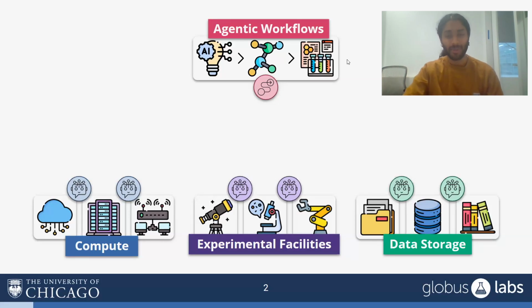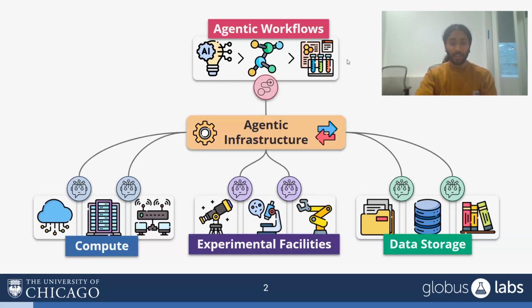So part of what I want to do is convince you guys that thinking about scientific workflows in this agentic manner is powerful. And then once we're there, I also want to show that in order to build these agentic workflows, we need new infrastructure to connect these facilities specific to the attributes of agents.